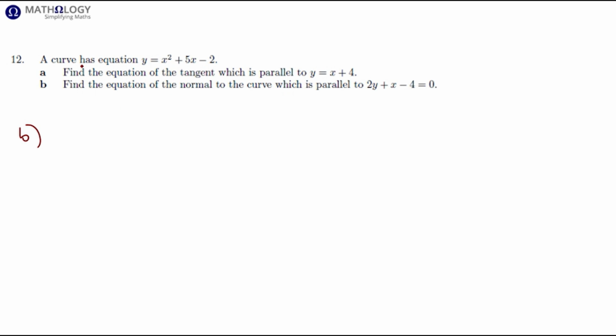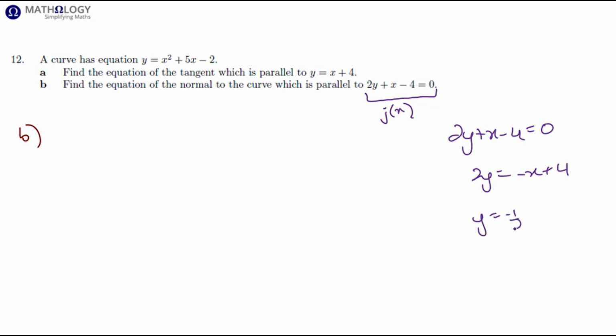At B, we're now required to find the equation of the normal to the curve parallel to 2y plus x minus 4 equals 0. Again, we're just going to call this expression j of x, just putting this into standard form. 2y plus x minus 4 equals 0, 2y equals minus x plus 4, y equals minus a half x plus 2.